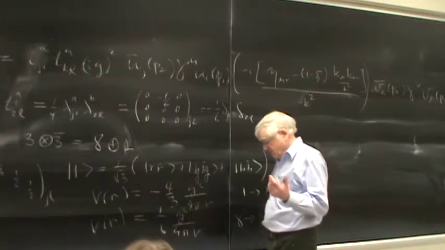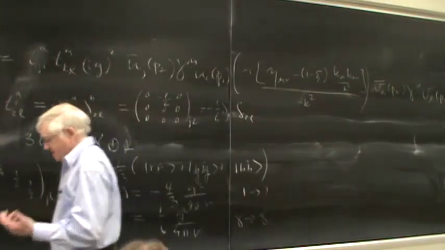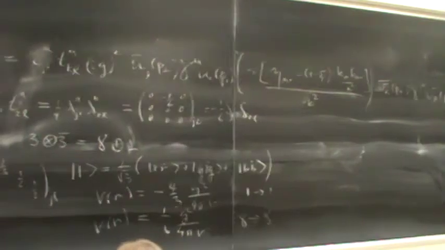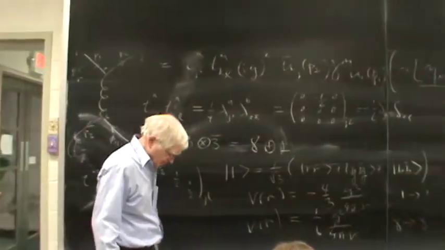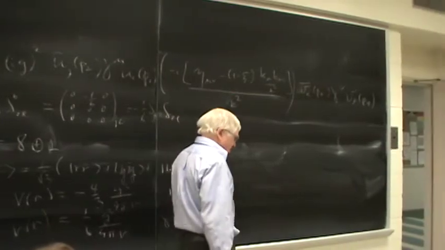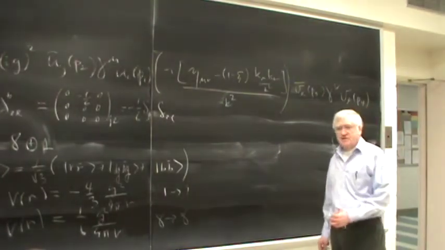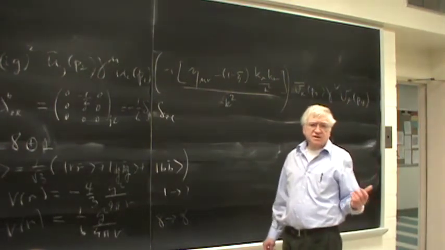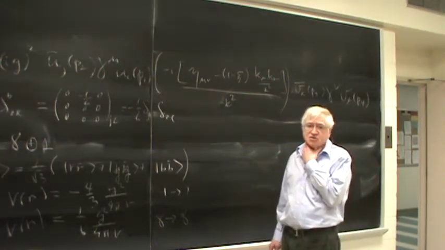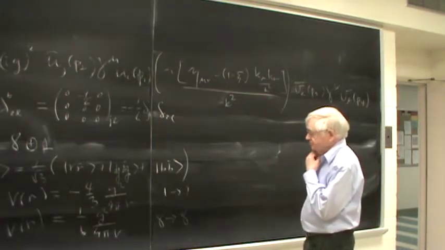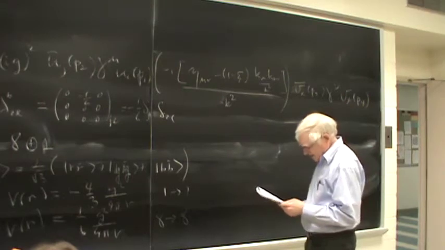And in fact, we think of the mesons as quark anti-quark bound states. The pions are bound states of U with D bar and U bar with D and so forth, depending on the charge of the pi meson. And the same thing for the rho and the K, but the Ks have strange quarks in them.